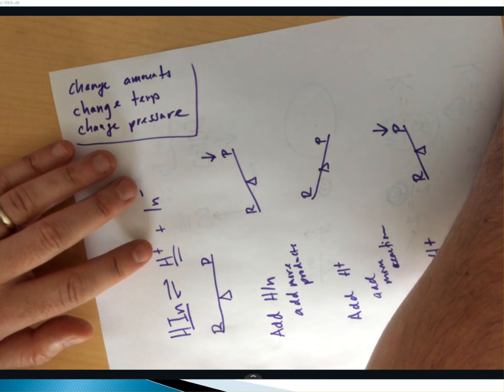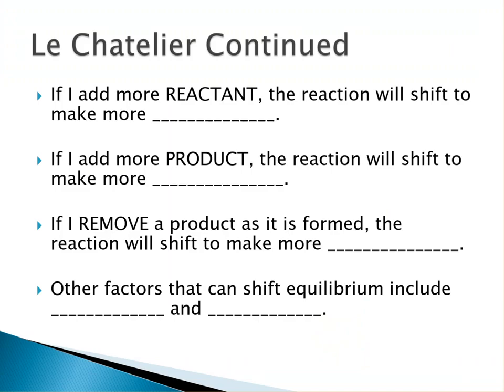Now, the beautiful thing is, when we're doing these Le Chatelier problems, we don't actually have to explain why. It really all has to do with reaction rates, but again, you don't have to explain why. So it becomes something that's very intuitive. If you add more reactant, the system will shift to make more products. Think about it. If you're making cookies, if you add more ingredients, more reactants, you make more products, more cookies.